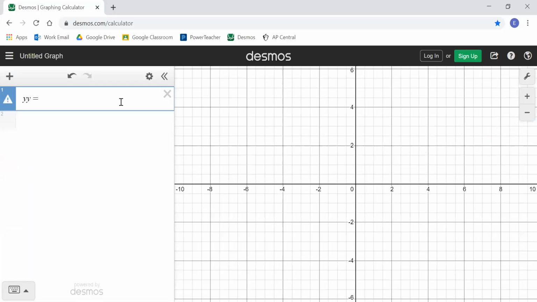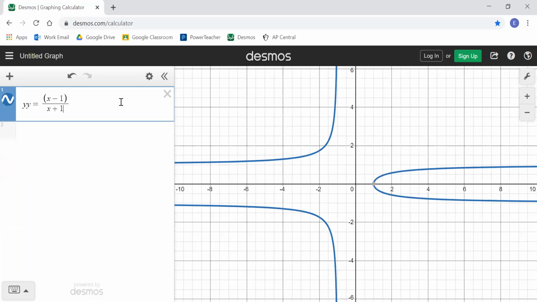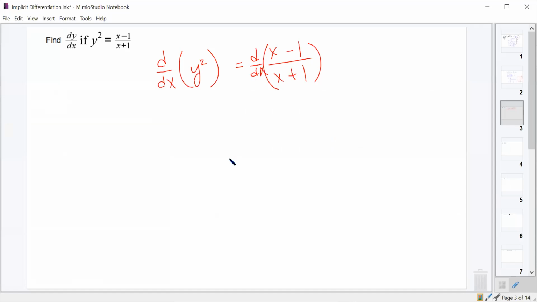What do we have? X minus 1 over x plus 1. And we got something like this. Clearly not a function, right? Definitely not. And we want to find the derivative. So what's the derivative with respect to x of y squared?